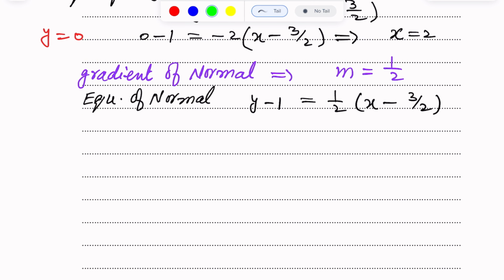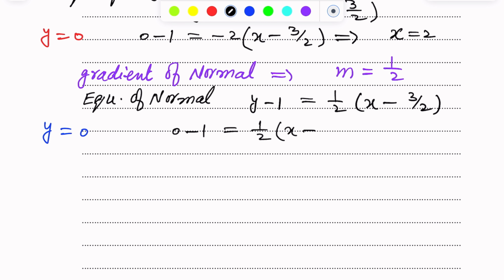In the same way as we found the equation of tangent, y will be 0 at B dash. So putting y equal to 0, we get x. Zero minus 1 is equal to 1 over 2 times x minus 3 over 2.